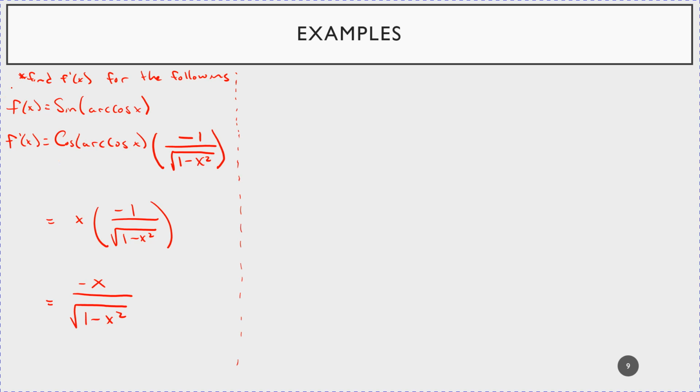Let's do another one. Let's look at this one. f of x is equal to x squared times arc cotangent of x. So here you're just going to need to use the product rule, right? So you're going to take the derivative of x squared, so f prime of x is equal to 2x times arc cotangent of x. And then you're going to add to it x squared times the derivative of arc cotangent of x.